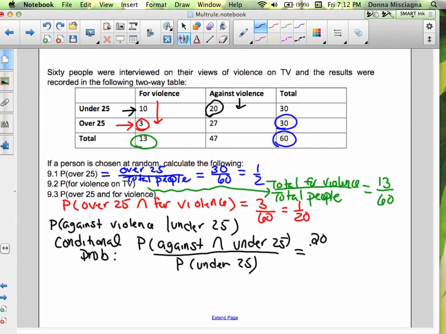Every single one of these is out of 60 in the denominator. And then divided by the probability you're under 25. So that's going to be the total 25, which is this one here. Put a little check mark. That's the second one.